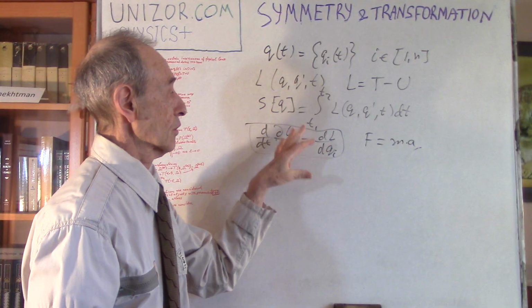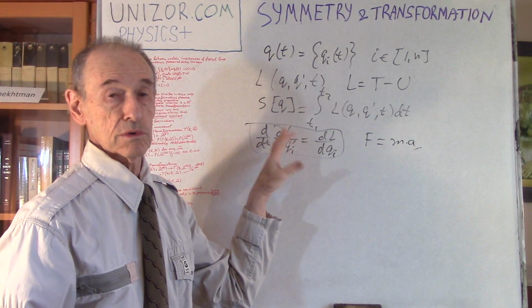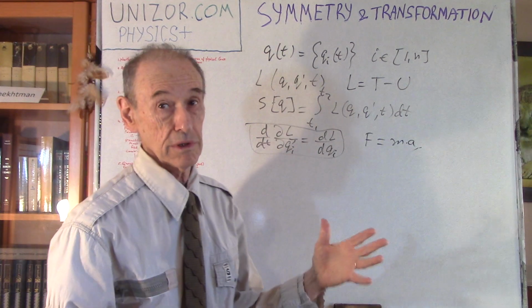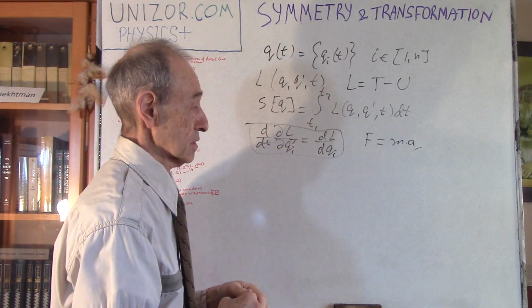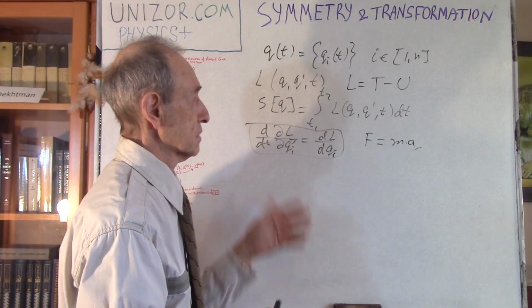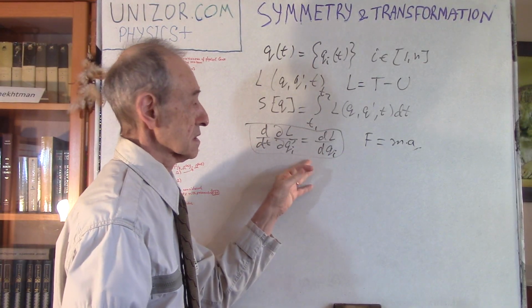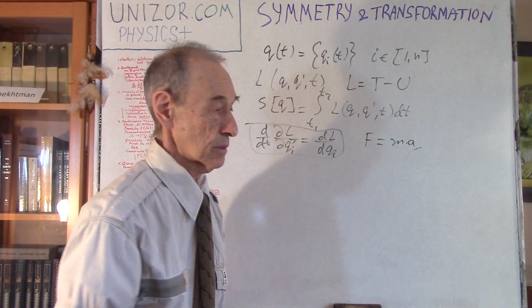In generalized coordinates, we need to resort to Euler-Lagrange equations, where Q is not necessarily Cartesian coordinates, although it can be, but might be something else. So this is in Cartesian coordinates and this is in generalized coordinates, they are equivalent.